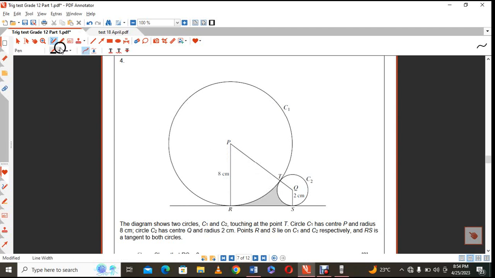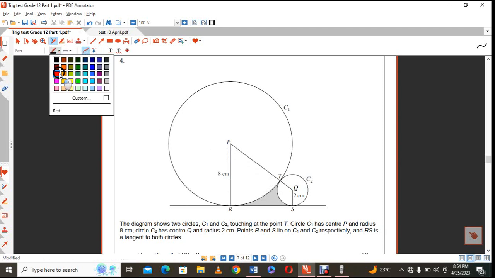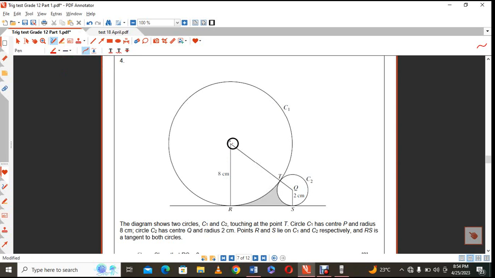By saying that, it also implies that the distance from P to T is 8 centimeters. And in the same vein, the distance from Q to T is 2 because it's the radius of that. Can you see that?